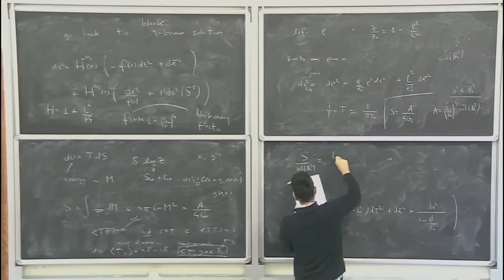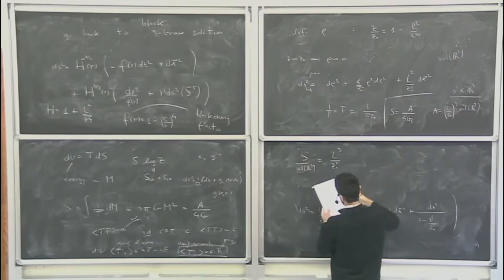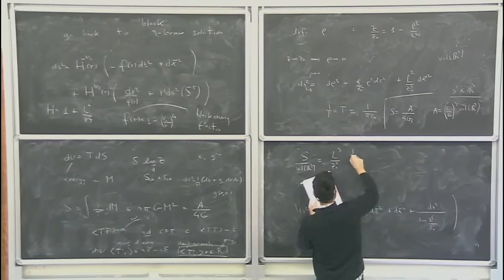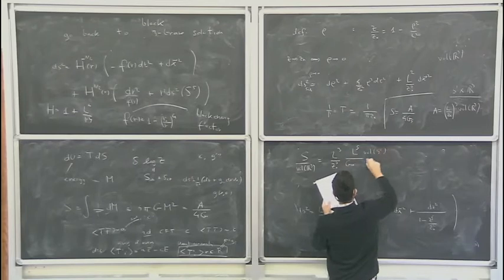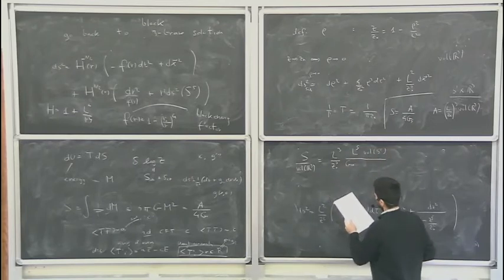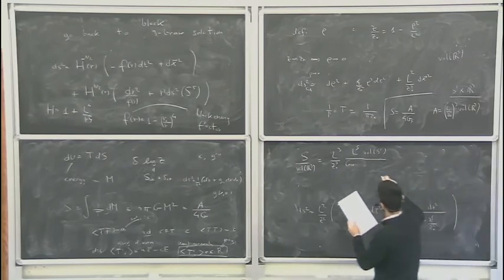So we have L cube, Z star cube. And then I insert G5, which is 1 over G10 times L to the 5 times volume of this 5 sphere, times 4.